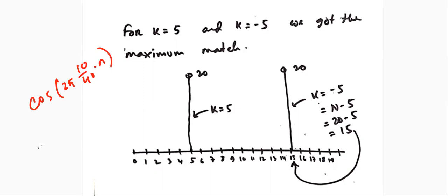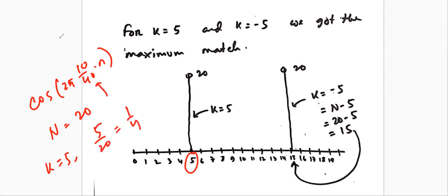So whenever we take capital N equals 20, for k equals 5 at that point we have the super match: 5 divided by 20, which is 1 divided by 4, which is equal to 10 divided by 40, equal to 1/4. So they have matched the frequency. Basically 10/40 is 1/4, so we have 1/4 there, and we have got the maximum match at that location.